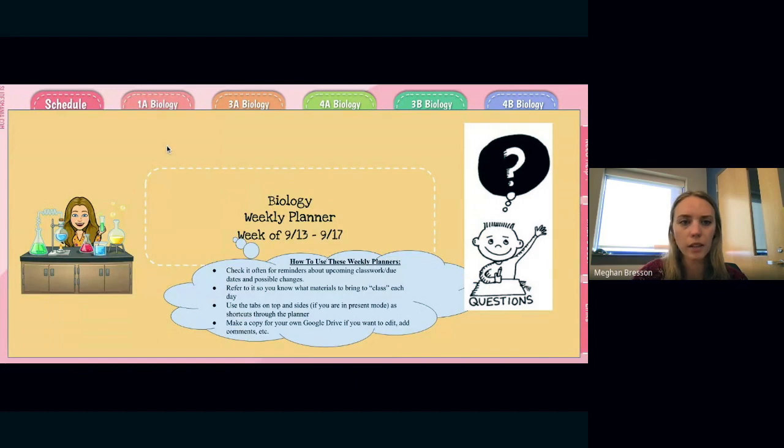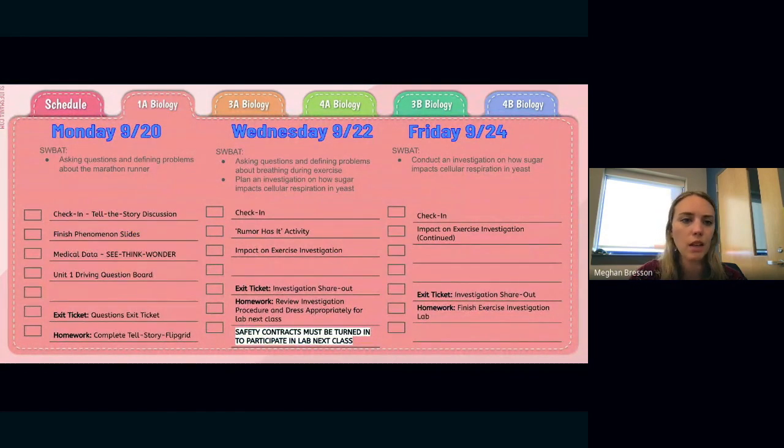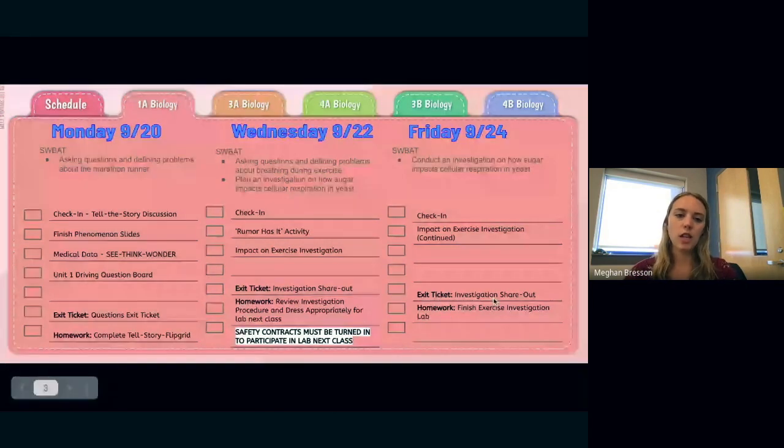The weekly planner is laid out by class, so the student would just need to go to the current class. That has our learning objectives and the activities that we've done laid out. That way, if a student is absent, the first thing that they should do is look at the weekly planner, see what we did, then look at the Google Classroom and reach out if they have questions about anything. This also has the homework each day.